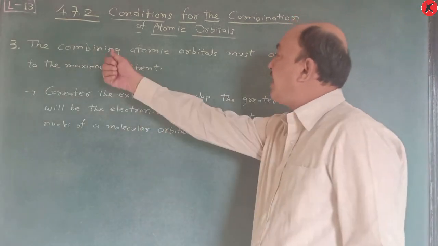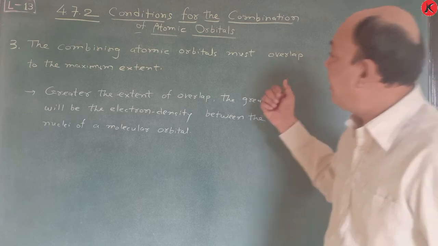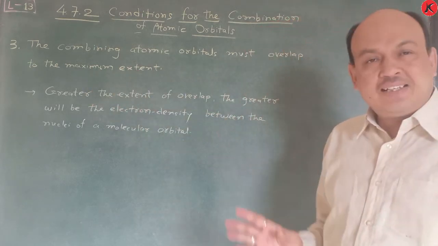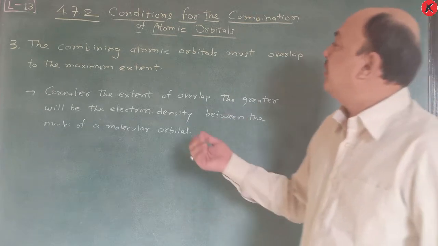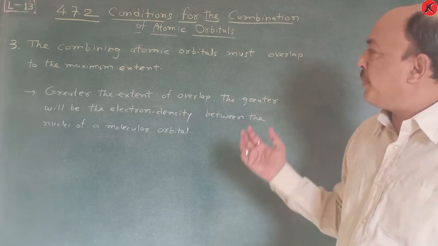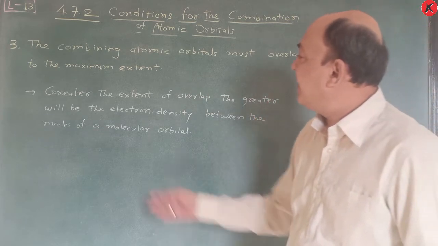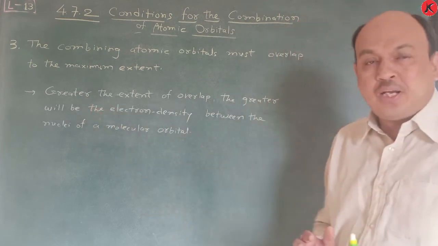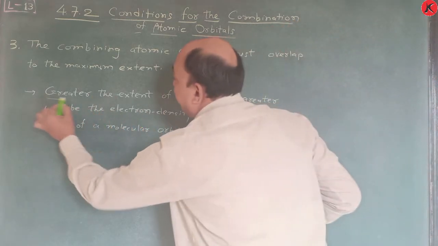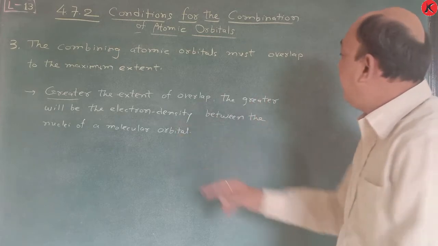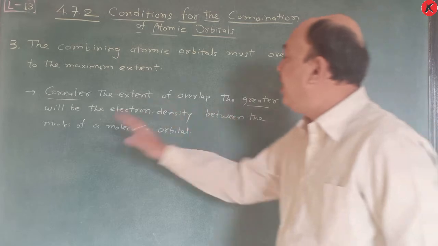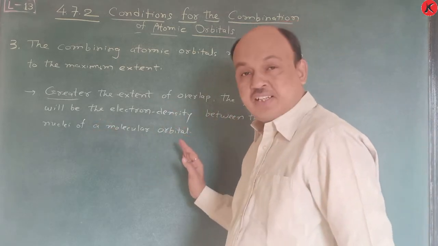Third, the combining atomic orbitals must overlap to the maximum extent. This is a very easy concept. When these atomic orbitals overlap to the maximum extent, the greater the extent of overlap, remember, the greater will be the electron density between the nuclei of the molecular orbitals.